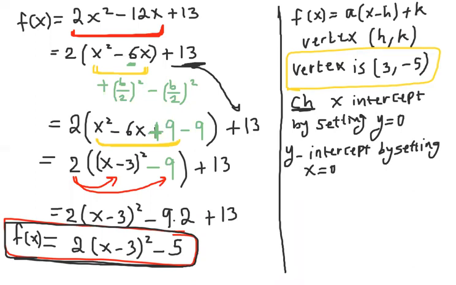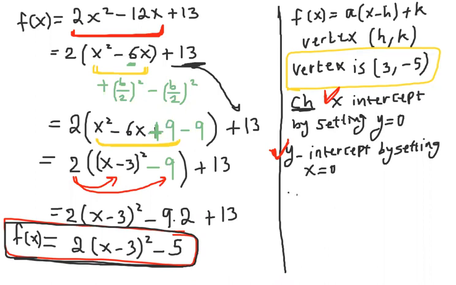These are the two notes from the previous chapter. So now the question is asking about the y-intercept, so we set x equals 0. So we plug the 0 inside the function.